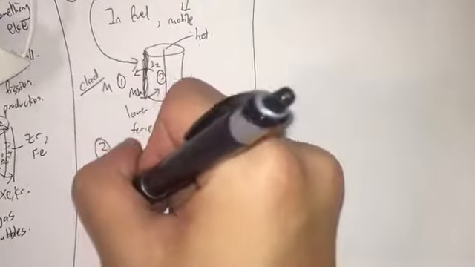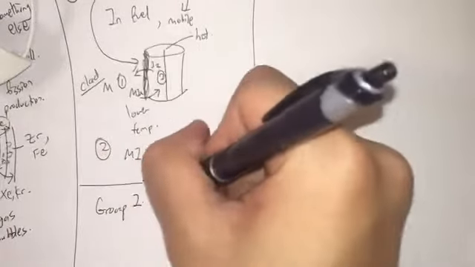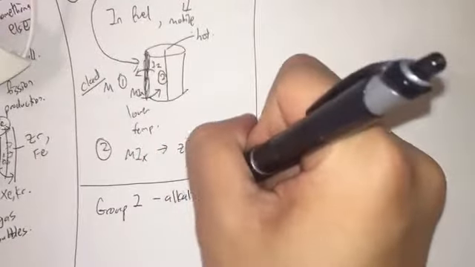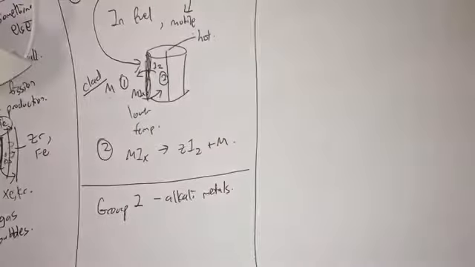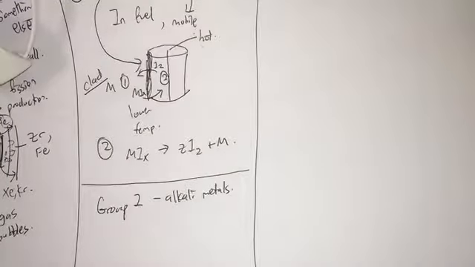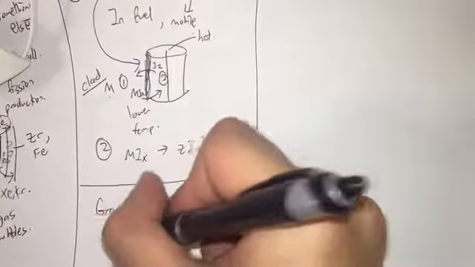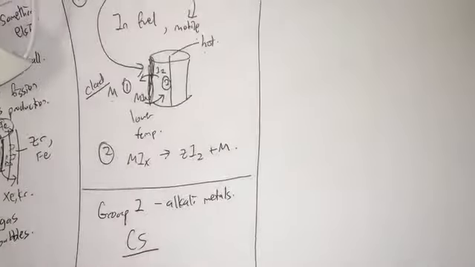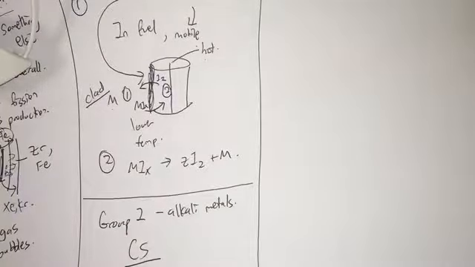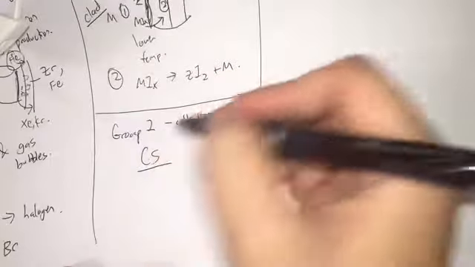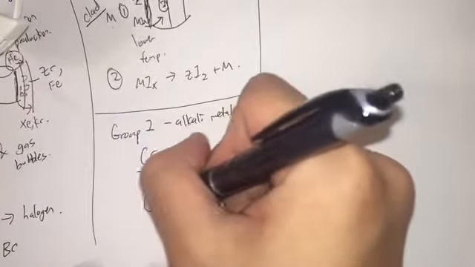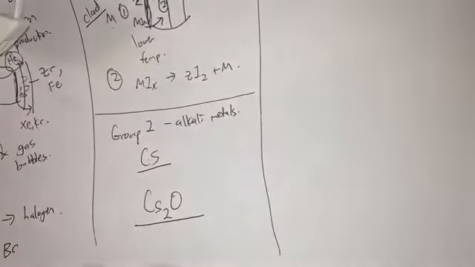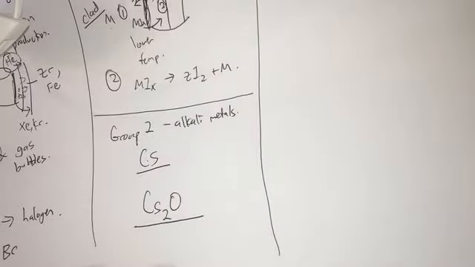Next most straightforward is group 1, the alkali metals. The most important one is cesium. Cesium is formed very often in nuclear fission, and as we know, since there's free oxygen in the reaction and cesium is hanging around, the most common thing that cesium will form is cesium oxide.